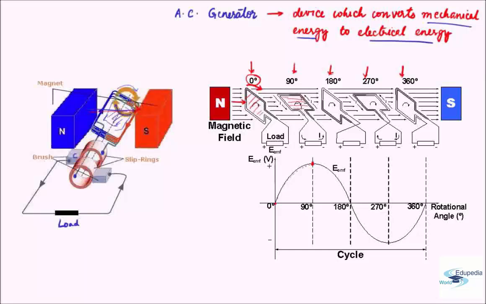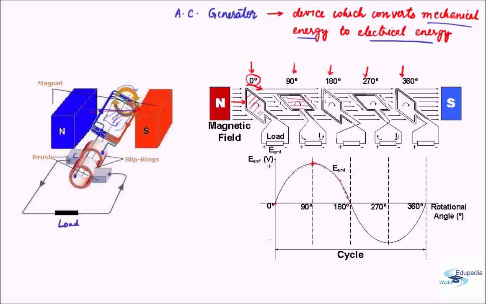Now we are further rotating it. On further rotating it, the rate of change of magnetic flux will keep on decreasing until it reaches 180 degrees. And at 180 degrees, what will happen?